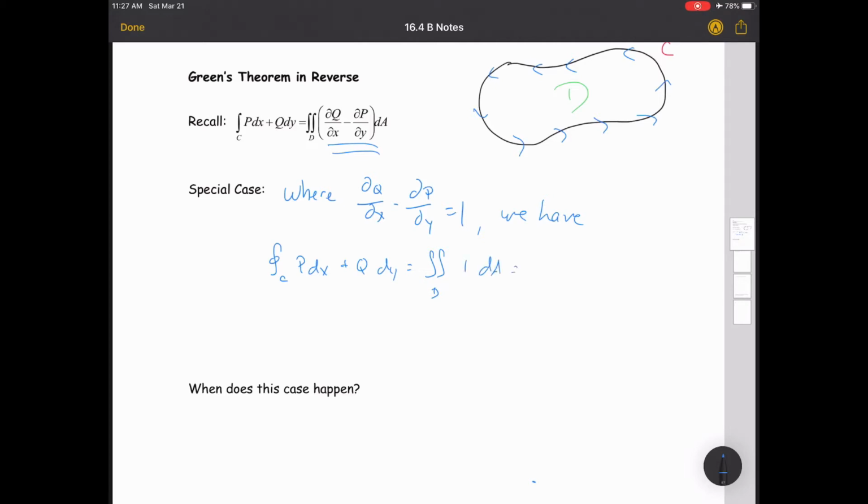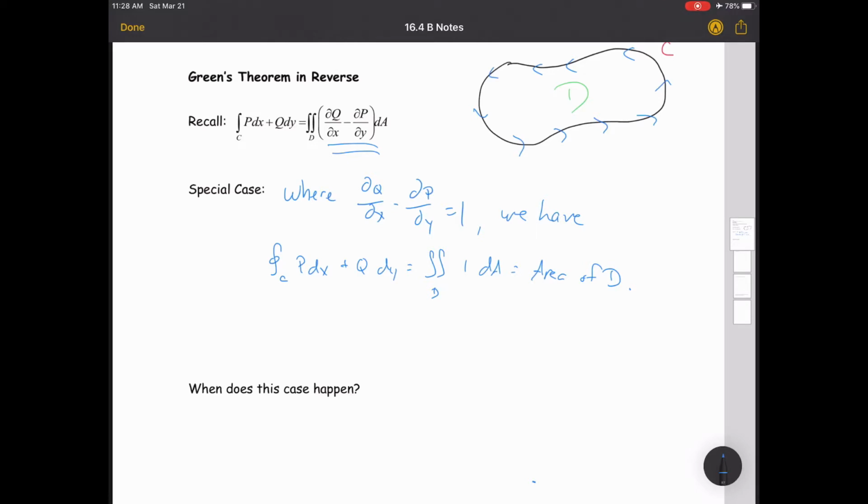But if you remember, the double integral of 1 is just the area of D. Because you would have the first integral length, the second integral width, and then your 1 would be like a height of 1. So you would really just have the area of something which is pretty much flat. So you would have the area of D.